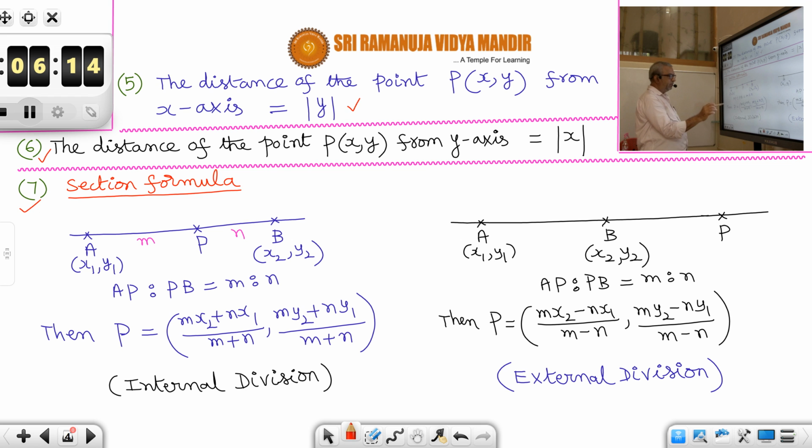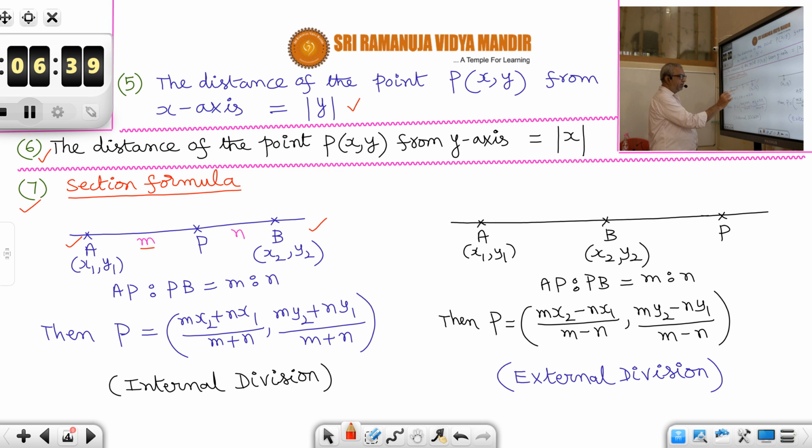So I have drawn the diagram, a very explicit diagram. The diagram itself explains everything. Here A is a point (x1, y1), B is another point (x2, y2). If you join them by means of a line segment, then P is a point on the line which divides AB in the ratio m is to n.